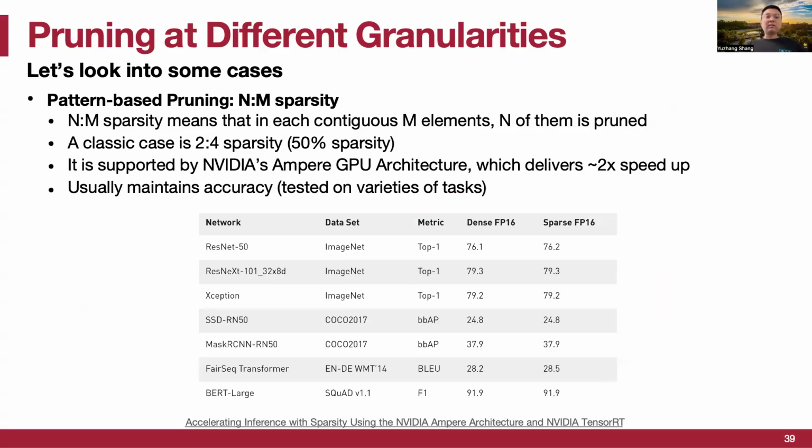Usually those are like 50 percent. Those two versus four sparsity can maintain the accuracy, right? Using this can break off the trade-off between efficiency and effectiveness.